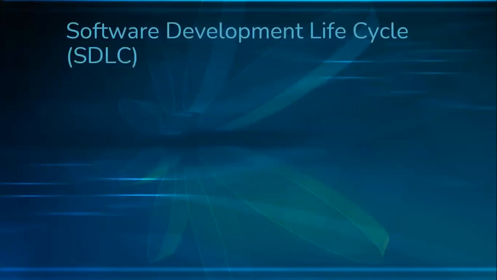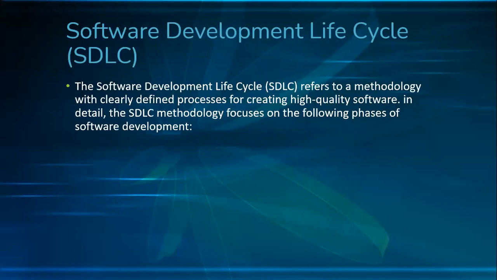That's just the facts about it. We took this again just to explain, and I like to do it severally. The more you listen to things, the more it sticks. So SDLC refers to a methodology which clearly defines processes for creating high quality software.